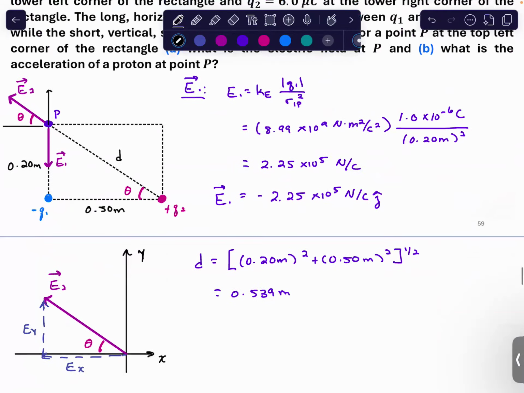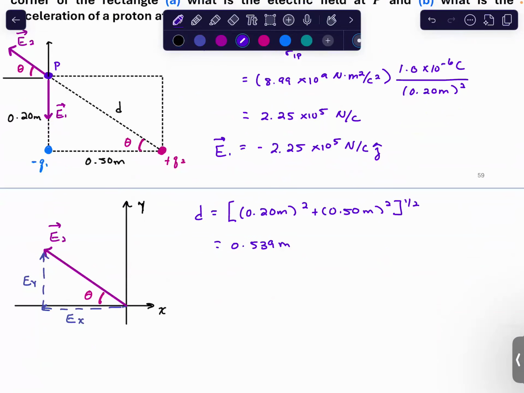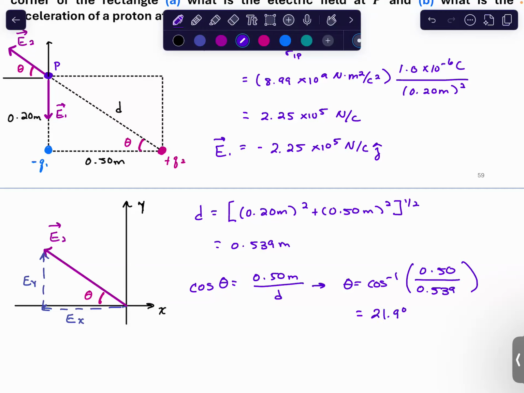That side 0.20 meters. I used cosine. And you get a theta of about 21.9 degrees.